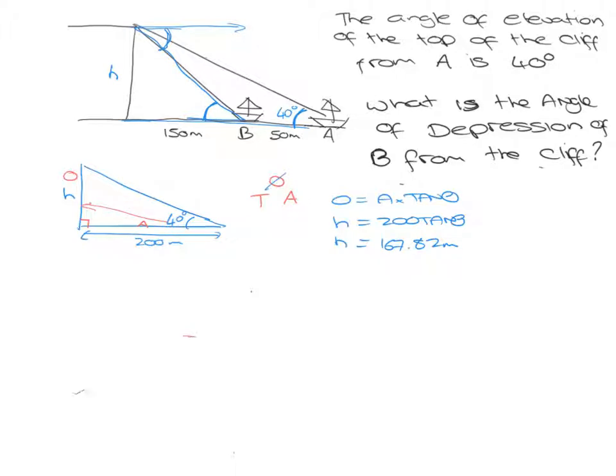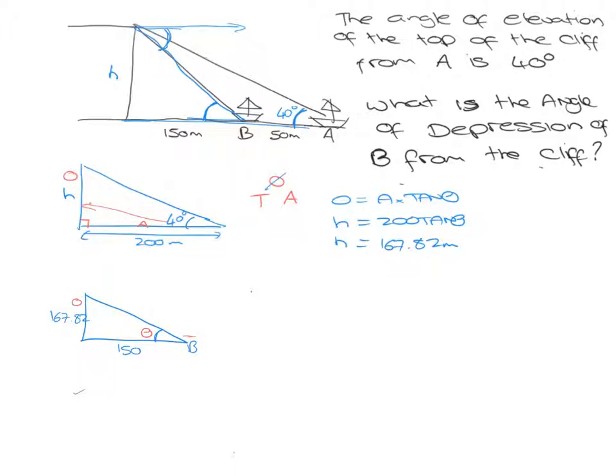And now we're going to use the small triangle to find this angle here, where that's B. So we know now that this is 167.82 and this is 150. Again, we want to find theta.